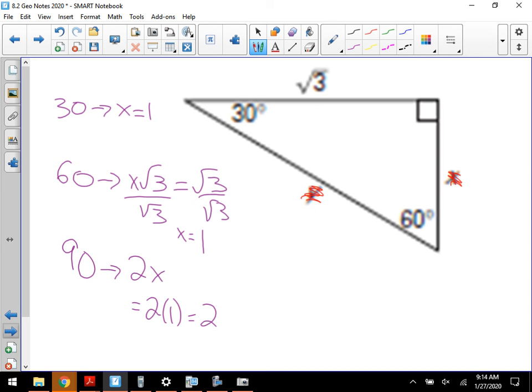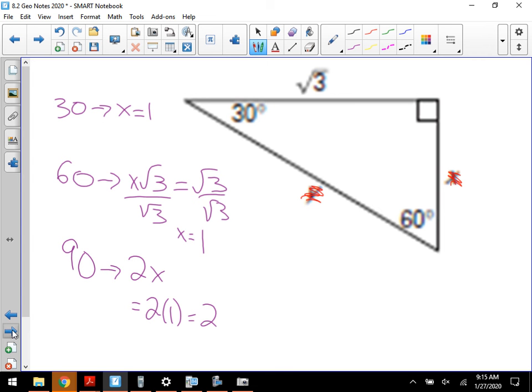So we're solving for whatever that multiplier is. Because if it was the square root of 3 times the square root of 3, it would have been a 3 across from the 60. Because then that meant that the x value was the square root of 3. Remember, even though there's nothing there, you're still solving for it because the coefficient that you don't see is 1. That's the little trick of it.